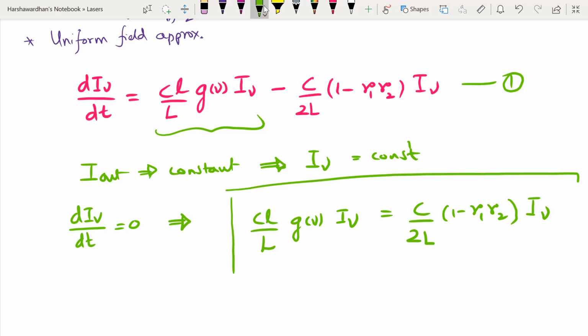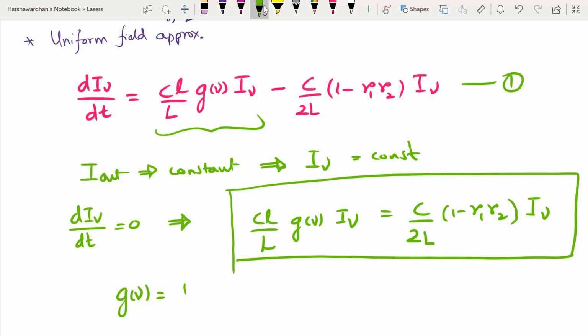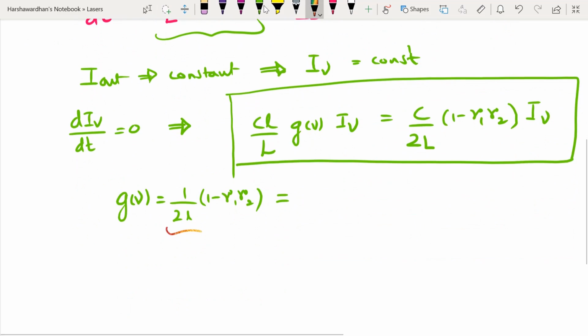So this is an amazing constraint on the gain. Essentially what one is saying is that my G of nu equals 1 by 2L (1 minus R1 R2), and you will quickly recognize that this quantity on the right is essentially the G threshold.